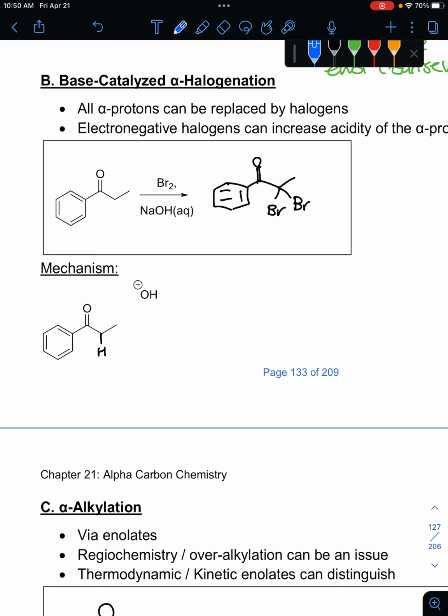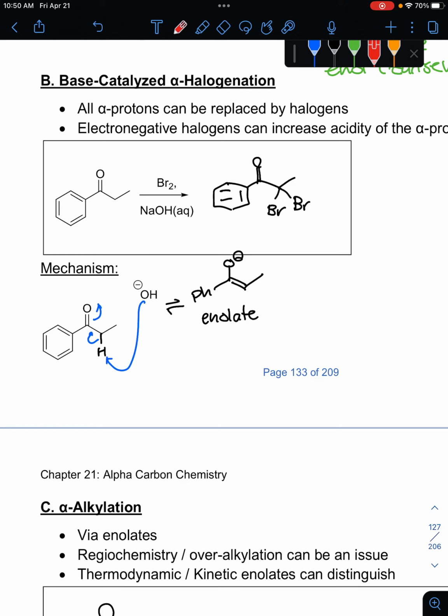Okay. Now, how would this work? Well, first, because we're under basic condition, instead of enol, we expect to see enolate. Okay, like so.